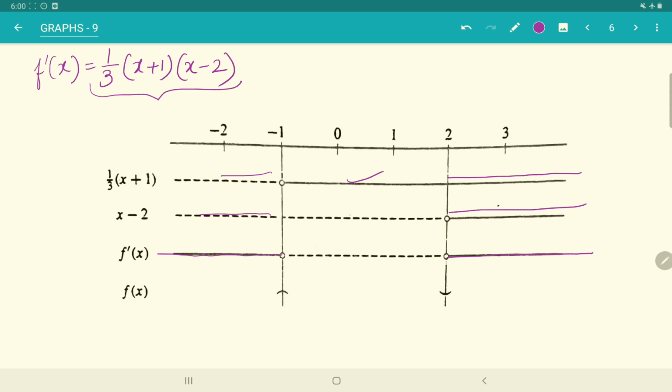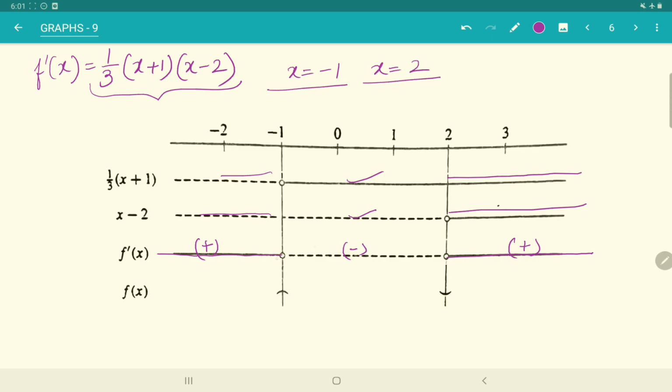It's positive and negative, so it's negative. So this is negative, this is positive, and this is positive. If f prime x is positive here and negative here, that just means the stationary points here are x is equal to -1, x is equal to 2.